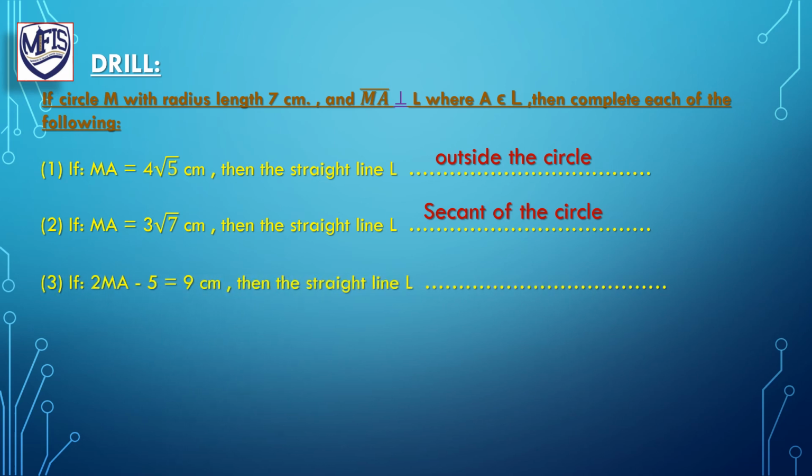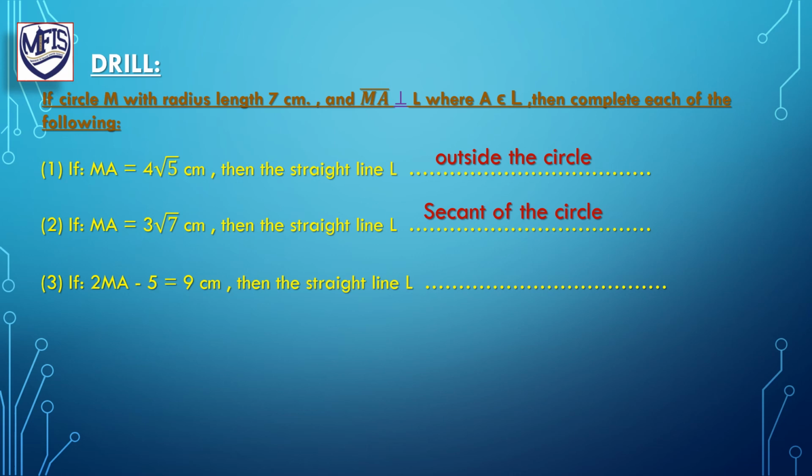Number 3, if 2MA minus 5 equals 9 cm, then the straight line L. Now, in each case I will compare between MA and the length of the radius. But here, I don't have MA. I have the equation 2MA minus 5 equals 9.